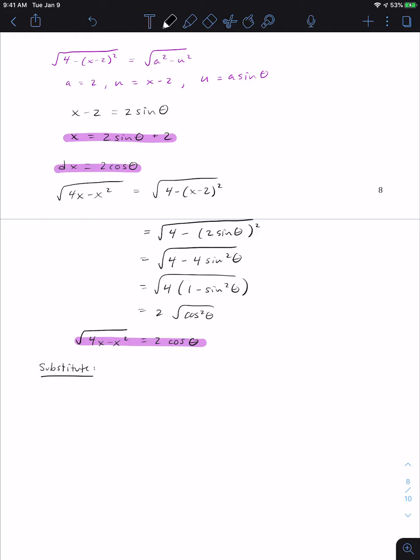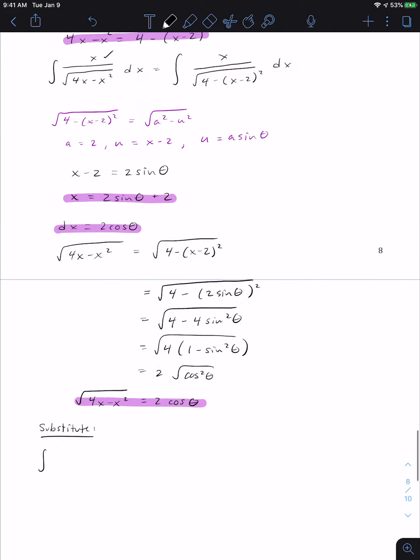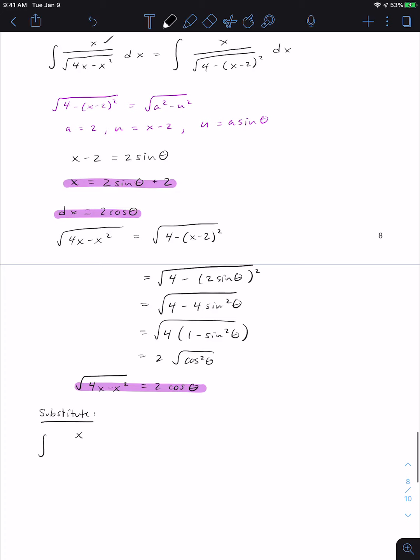So now I can substitute. The original integral was x over the square root of 4x minus x squared dx. Well, x we know is 2 sine theta plus 2. The square root of 4x minus x squared is 2 cosine theta.